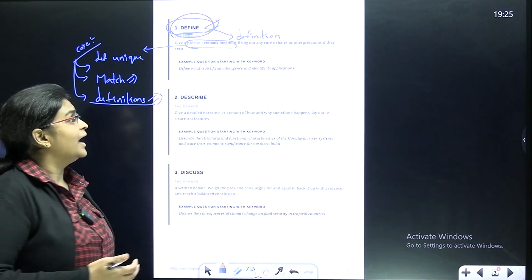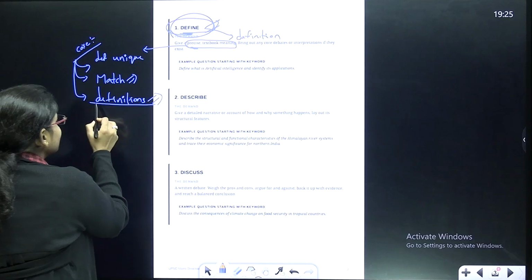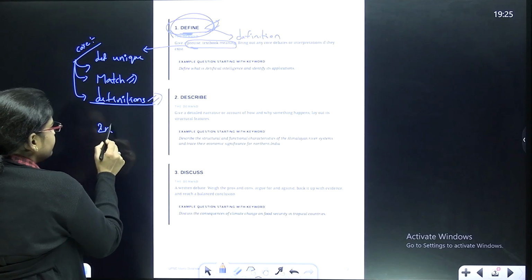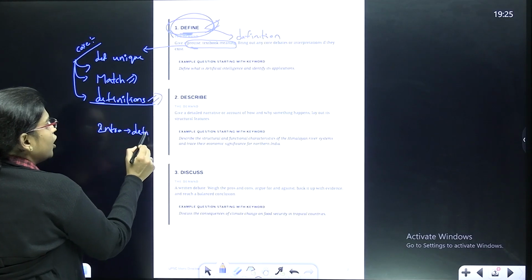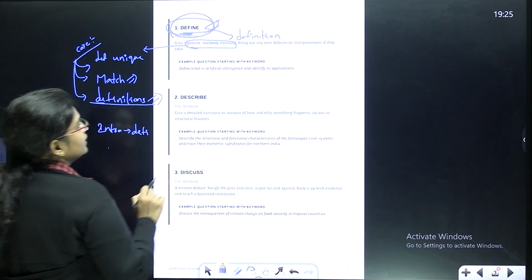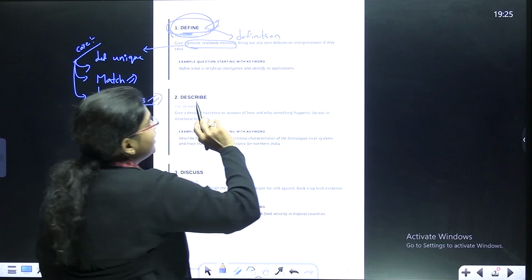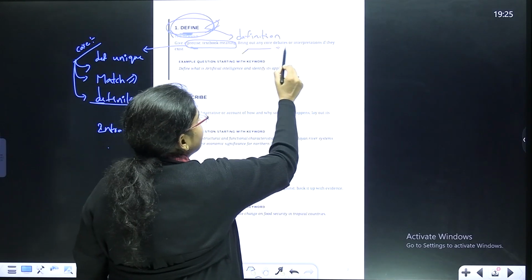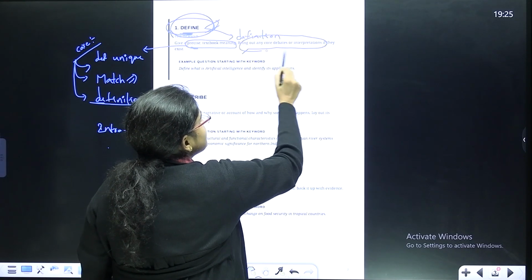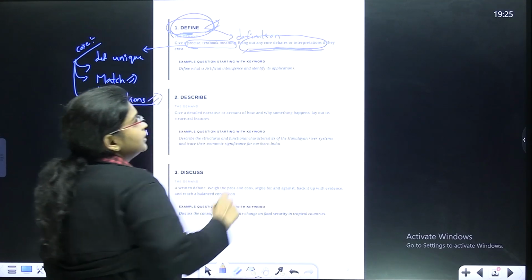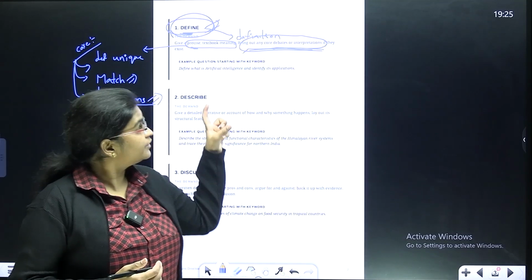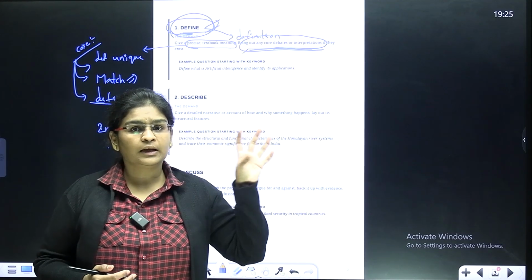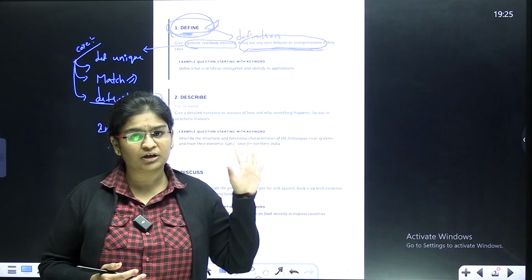After writing the introduction, which consists of the definition of the given term, in the body part we need to identify the various interpretations or the core debate that the question is asking about.